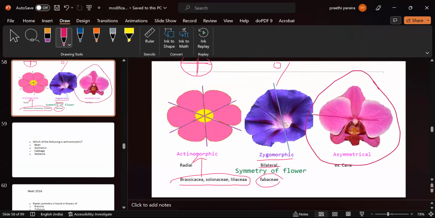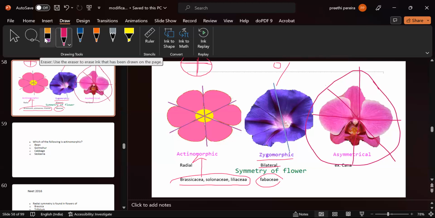Cut it in this direction, you won't get it similar. Okay? Actually, cut it in this direction. देखो, यहाँ पर क्या हो जाएगा? यहाँ ये petal इस तरफ आया है, ये petal इस तरफ आया. You won't get similar halves. Cut it in this direction, again you won't get two equal halves. So equal halves नहीं मिलेगा. ऐसे वाले फ्लावर को हम बोलते हैं asymmetrical flower. ये समझ में आया निकेत?